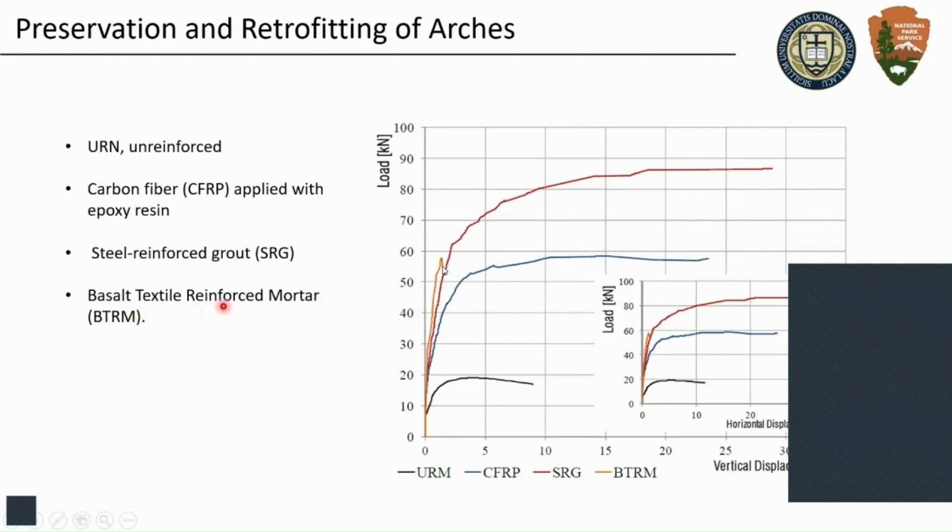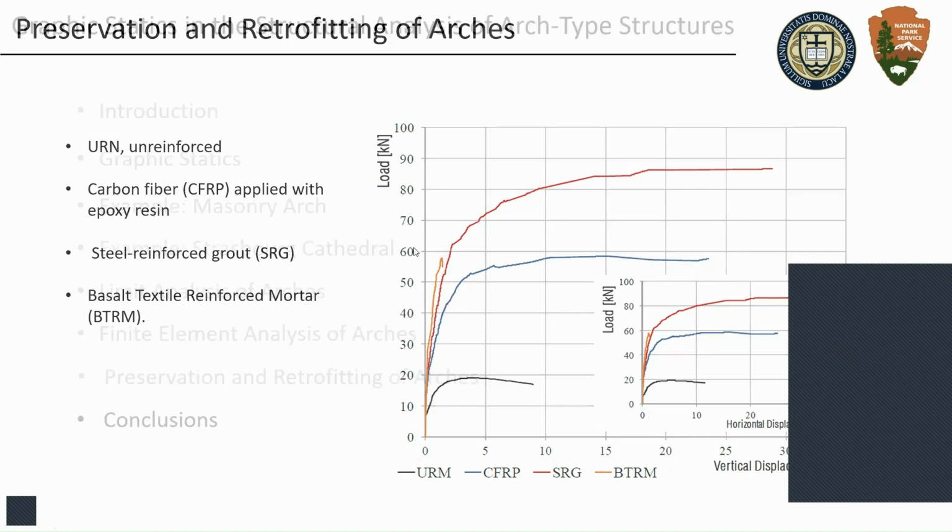So the conclusion, apparently, from this experimental study is that FRP, which is very popular and relatively inexpensive, by the way, is a good way of strengthening arches if you need to do so, particularly for preservation purposes. And also the steel reinforced grout is a good technique for this purpose.